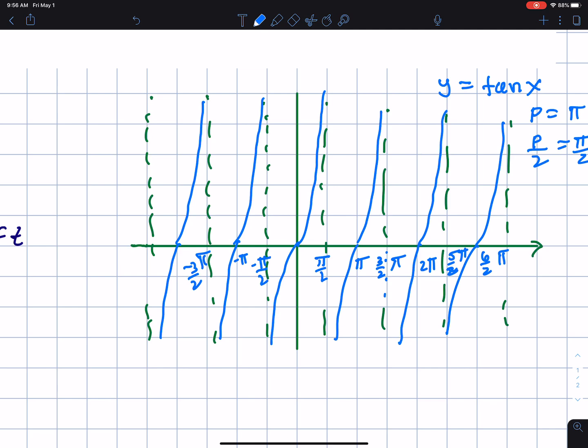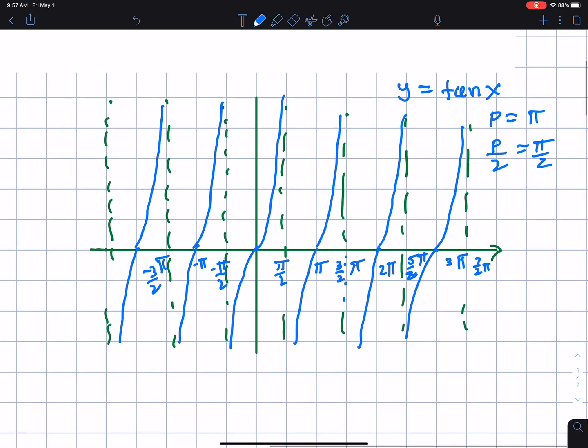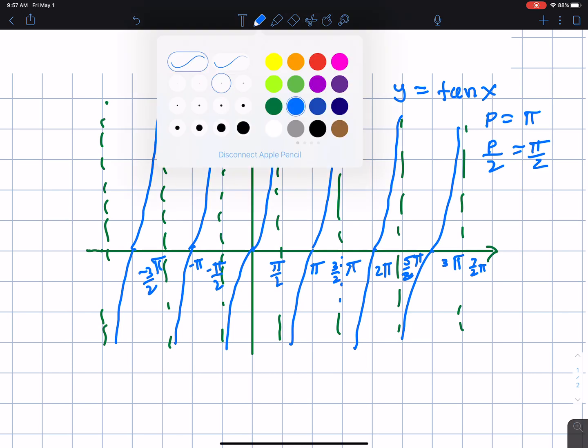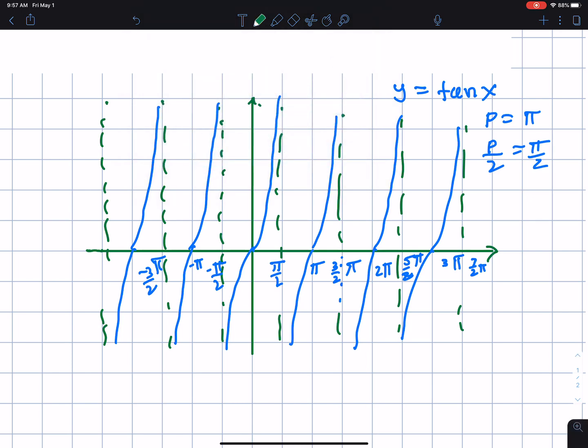Over here I want to write 7/2 pi, and then 3 pi. Having difficulties writing and talking at the same time. There is a disadvantage of writing so much, that I end up having to label way too much. I just got carried away.